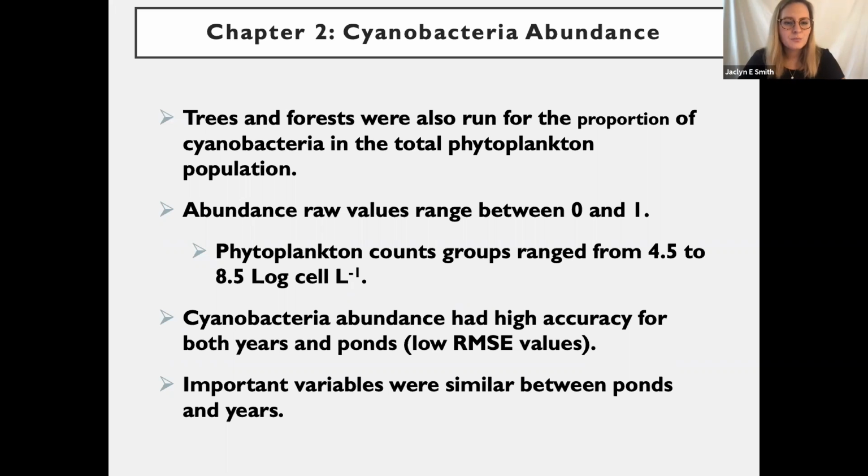So these values ranged between 0 and 1. We ran the forests and the trees on them, and the results were pretty interesting in that cyanobacteria abundance had really good accuracy for both years as well as both ponds. The important variables seem to be the same as well. No change there with ponds or within years, and they seem to be about the same as the 3 major groups.